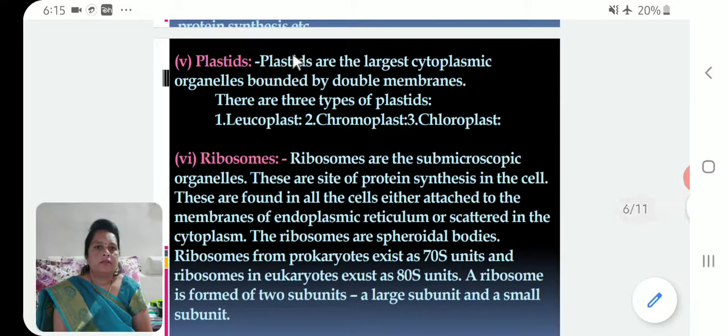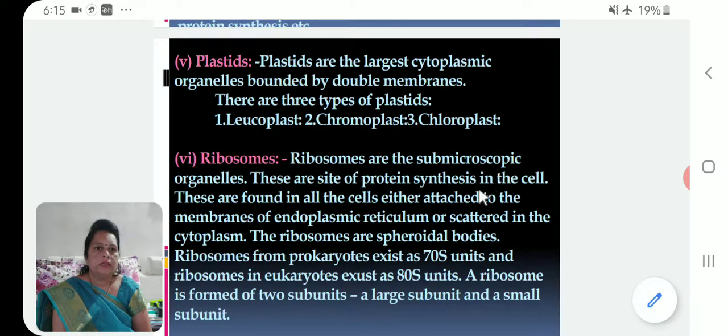Next are the plastids. These are cell organelles. The plastids are the largest cytoplasmic organelles bound by a double membrane. There are three types of plastids: leucoplast, chromoplast and chloroplast. The chloroplast is only present in plant cells. It is absent in animal cells. Next are the ribosomes.